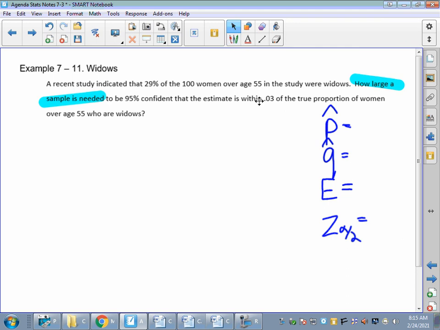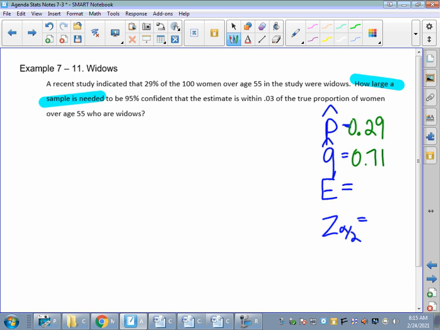So P hat's given to us, correct? It's 29% of the 100 women, so 0.29. We don't use that 100 women. We want to know how many we need if we want to be 95% confident. If P hat is 0.29, everybody knows what Q hat is, right? 0.71, those two add up to 1.